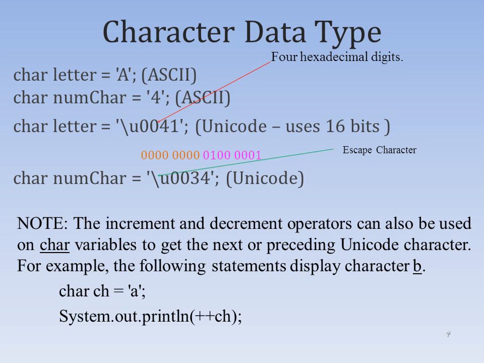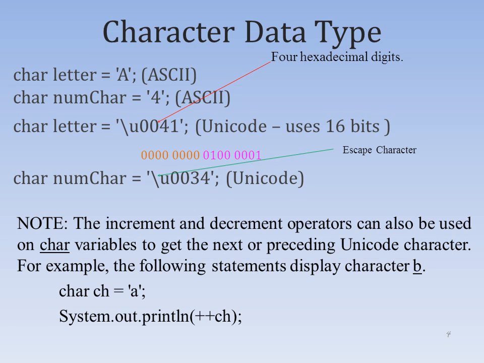Okay. The second two examples here accomplish the same thing, but they're using the Unicode character set, which the more modern computers support. If you have bought a computer in the last probably 8 to 10 years, it supports the Unicode character set. It uses 16 bits to represent a character.